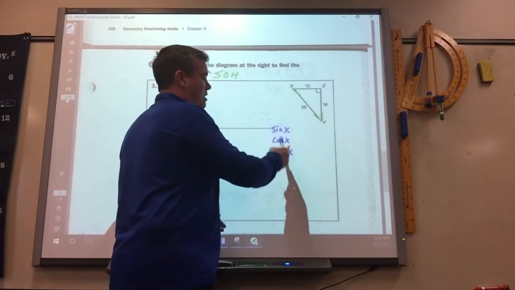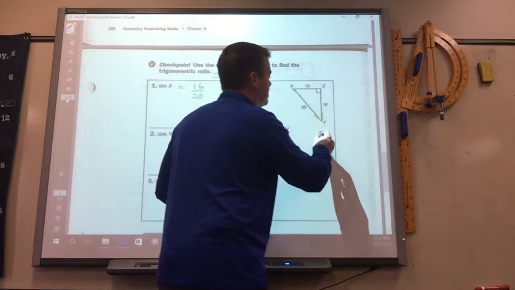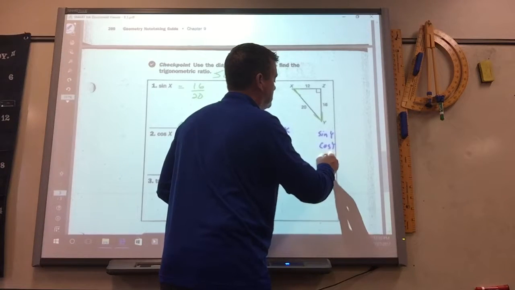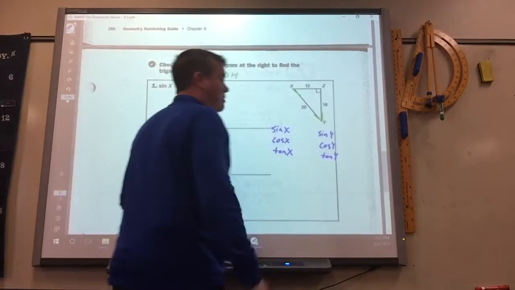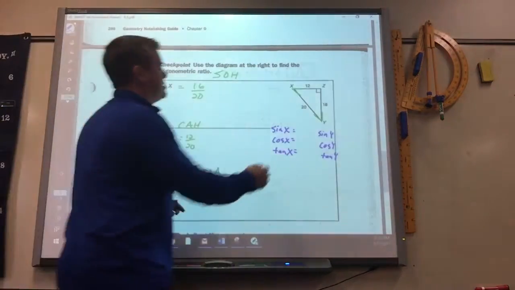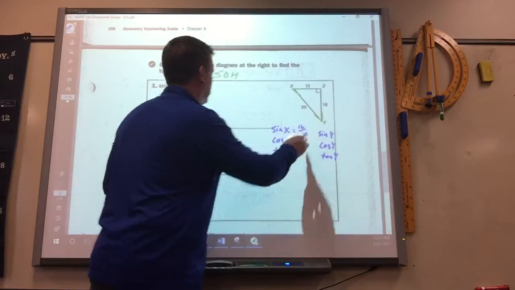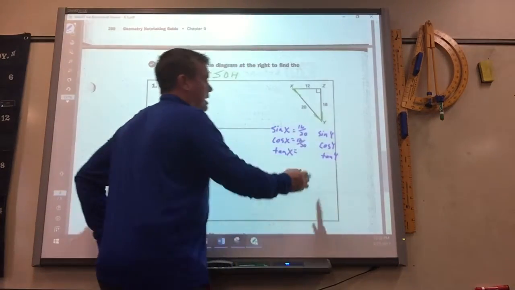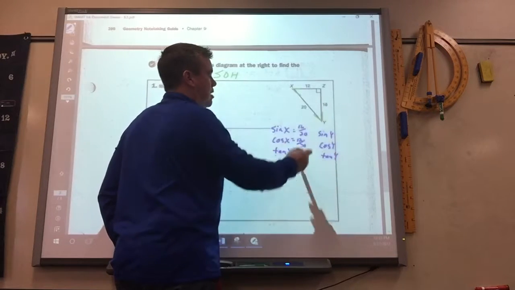You got to find the sine, cosine, tangent of x, and sine, cosine, and tangent of y. So the sine of x we already figured out is 16/20. Cosine of x is 12/20. Tangent of x, 16/12.